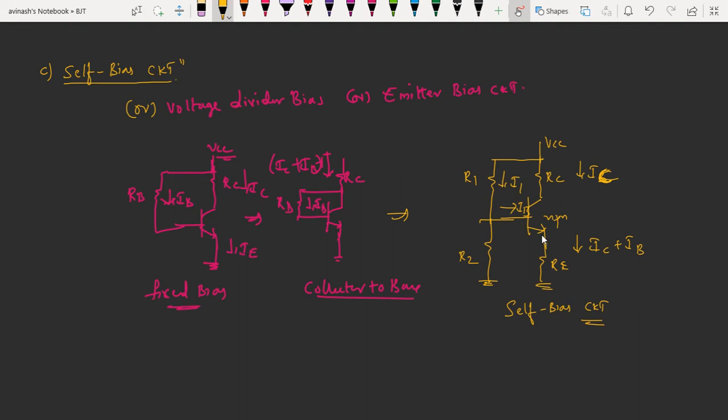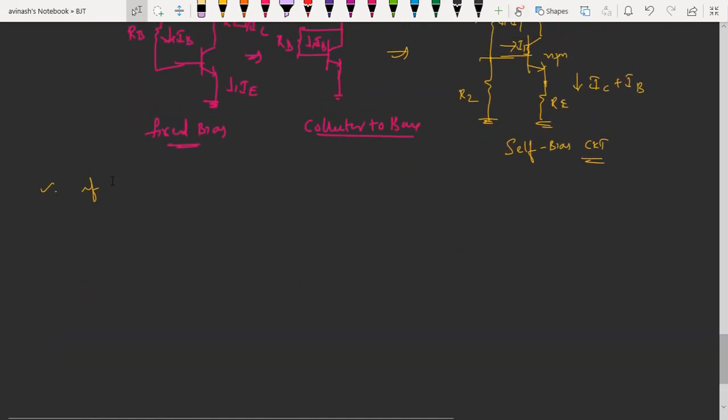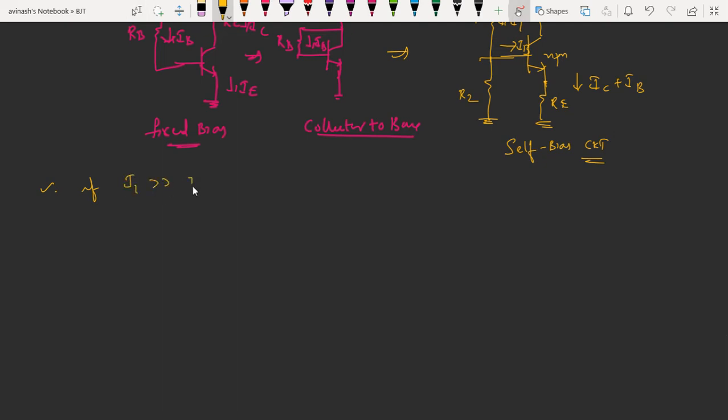So this VCC, point number one: if this I1 is far more greater than the base current, if the current flowing through this branch is far more greater than the base current, then R1 and R2 will be effectively in series.